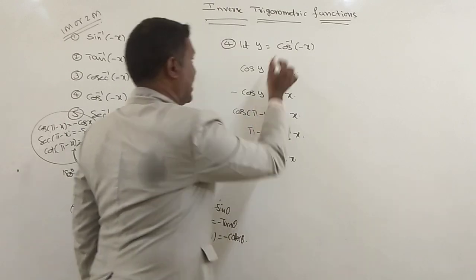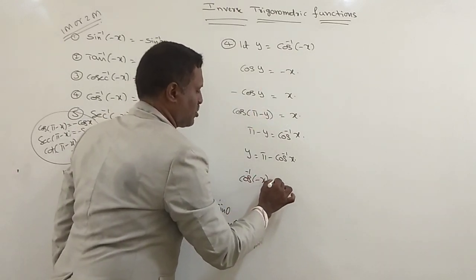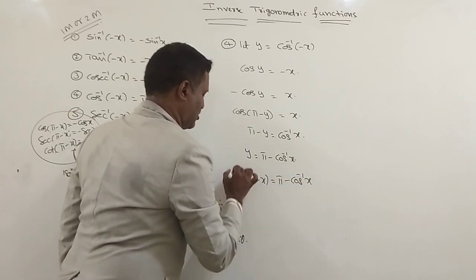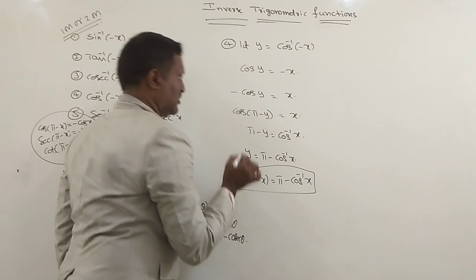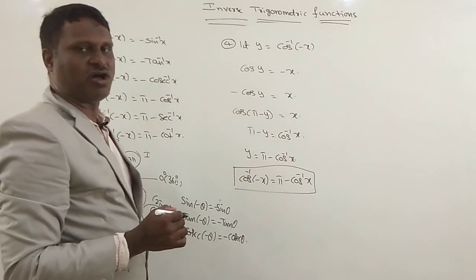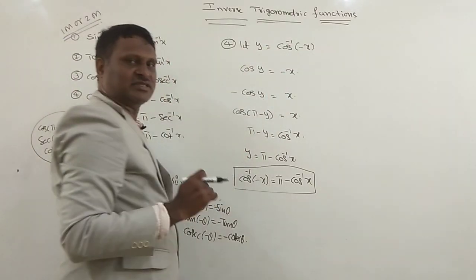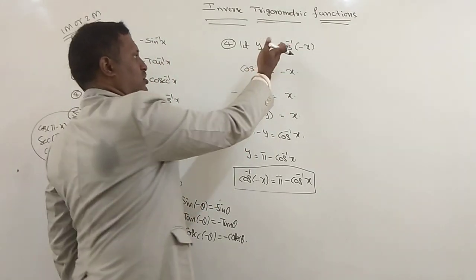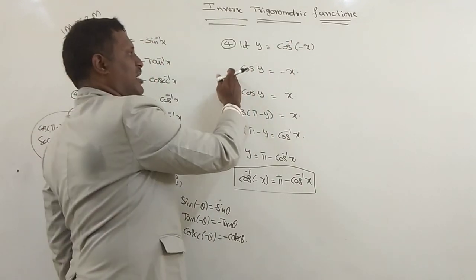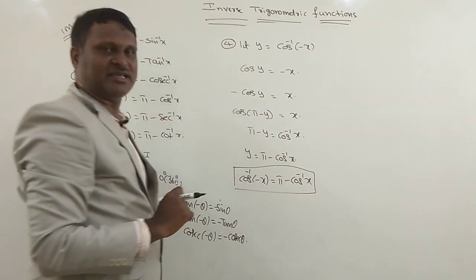Similarly, what is y actually here? Cos inverse of minus x. So cos inverse of minus x is pi minus cos inverse x. First I have taken y is equal to cos inverse of minus x. Now cos y is equal to minus x. Multiply by minus sign, minus cos y is equal to x.